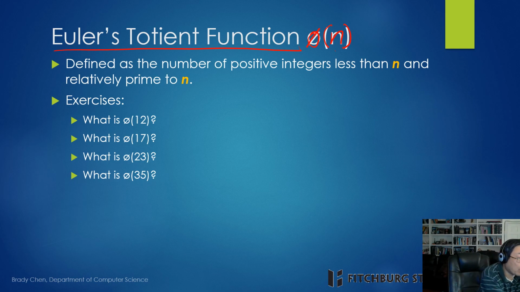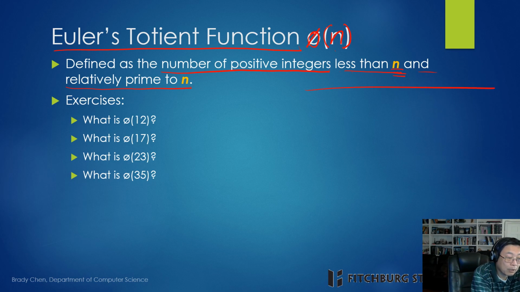The definition for Euler's totient function phi of n is the number of positive integers less than n and relatively prime to n. So in other words, if I have an integer n, Euler's totient function is defined as the number of positive integers less than n and relatively prime to n.